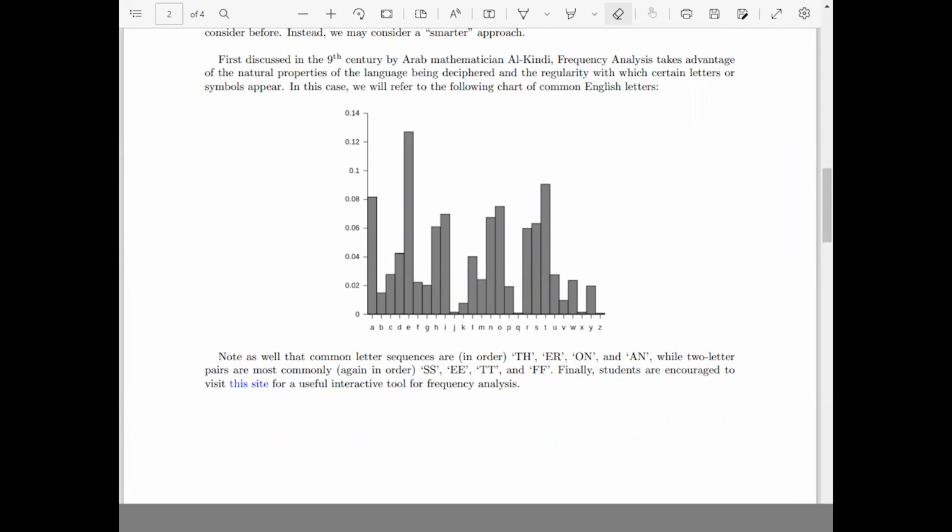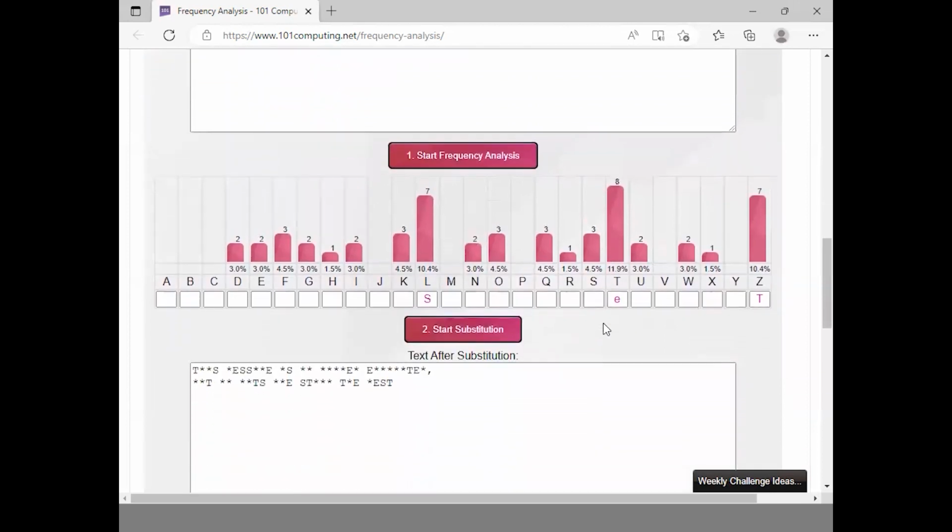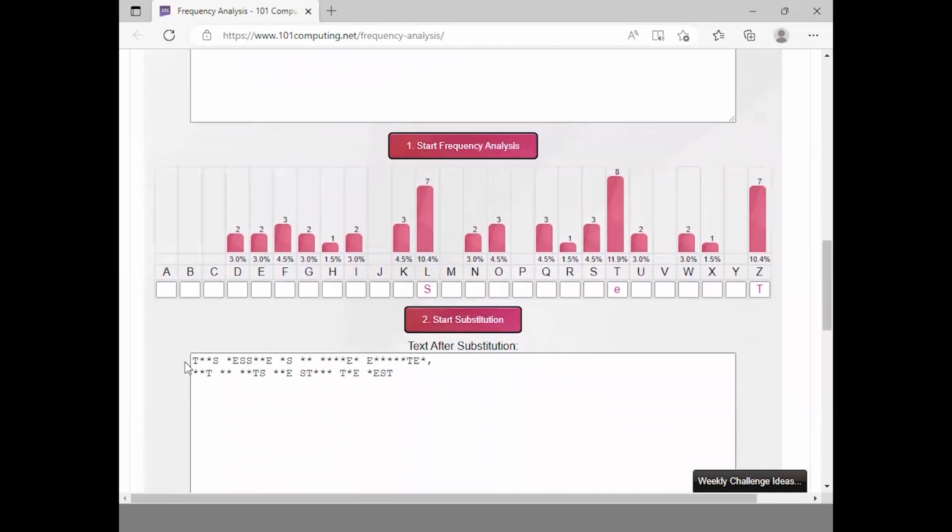So again, we can take advantage of that pattern in the English language, and we can say L probably maps to S, and then we can map Z to the remaining common letter, which is T, since that happens pretty frequently. And then we can substitute that in, and you can see we've already made a pretty significant amount of progress on this message, even though we knew nothing about the original message.